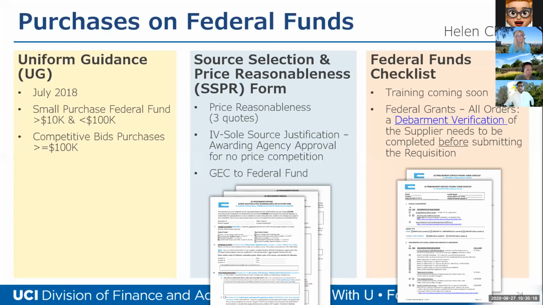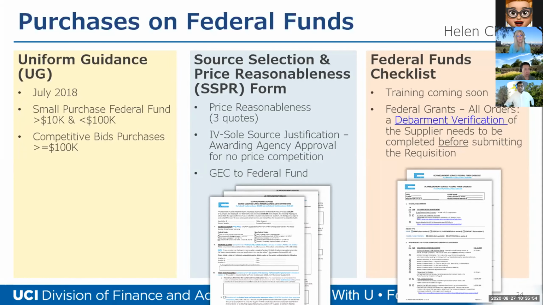Okay, federal fund checklist. The federal fund checklist is an area that's upcoming. We're going to be training departmental contract managers. One of the important areas is that before you initiate the KFS requisition, make sure you do the department verification at the SAM.gov website.